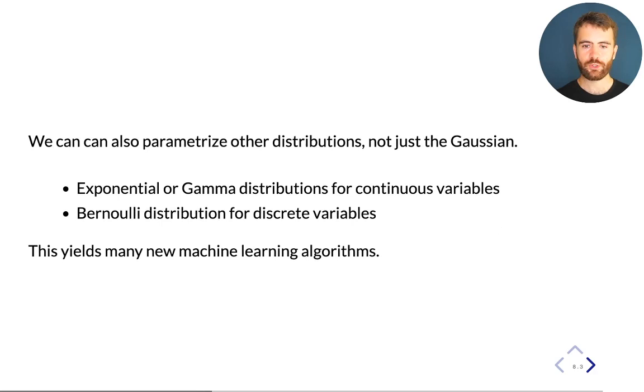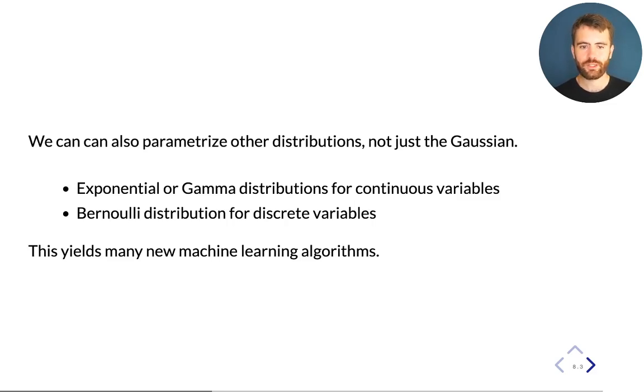And also we can parameterize many other distributions, not just the Gaussian. We can, for example, use distributions such as the exponential or the gamma. And if our data happens to be better suited to these distributions, for example, if our data happens to be a set of counts, then we know that there are better distributions than the Gaussian.